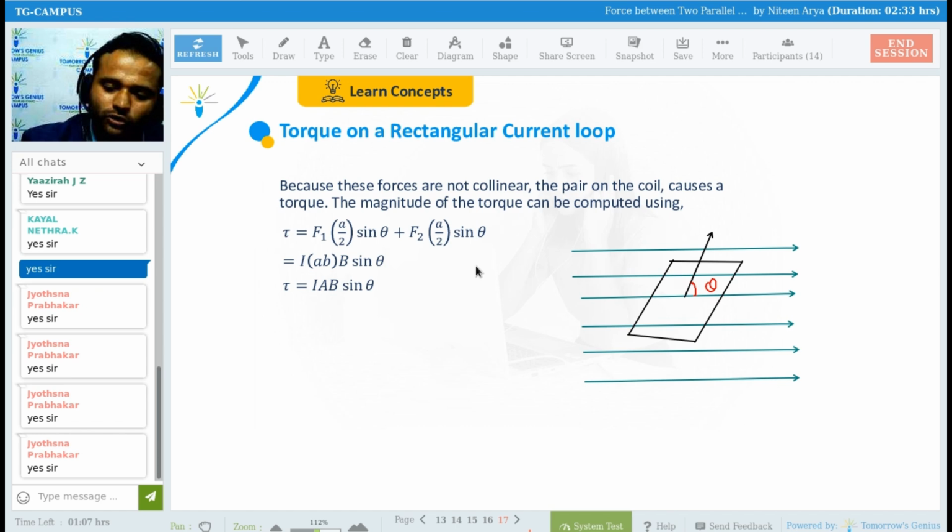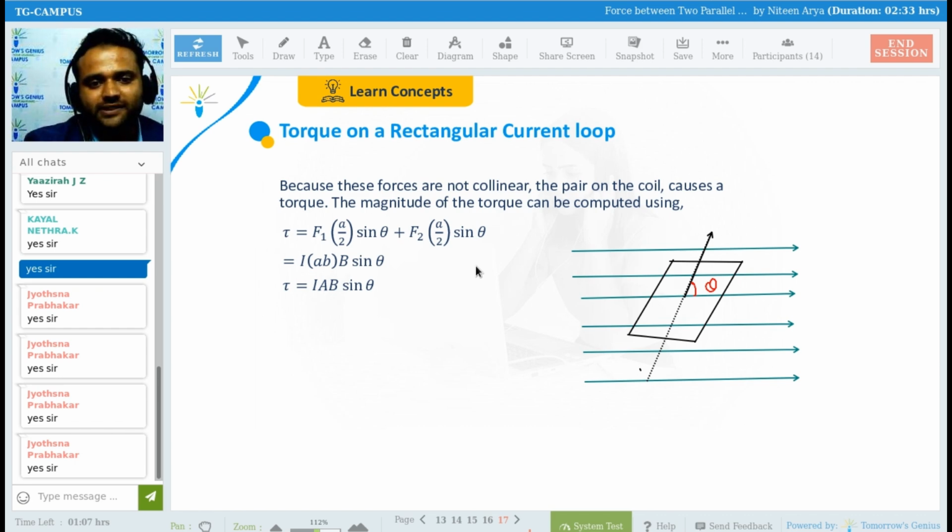Clear? If I draw this axis, this is my axis, and because of this axis, that is going to be theta.